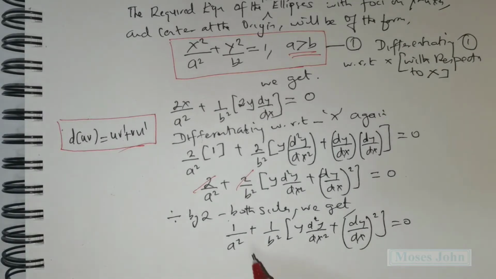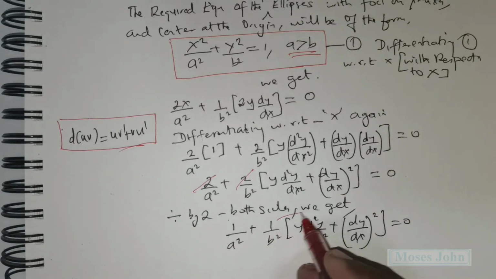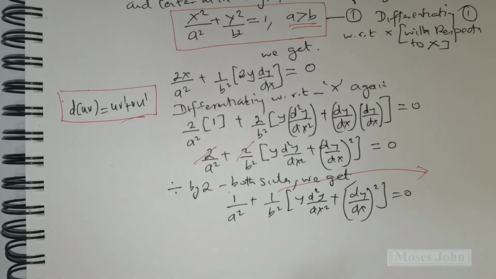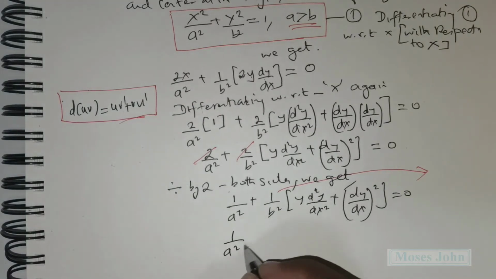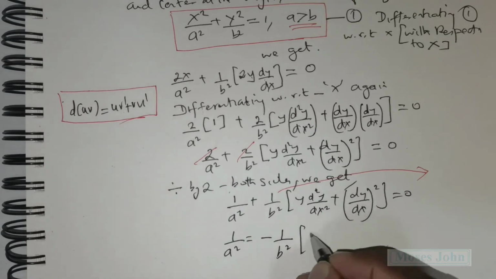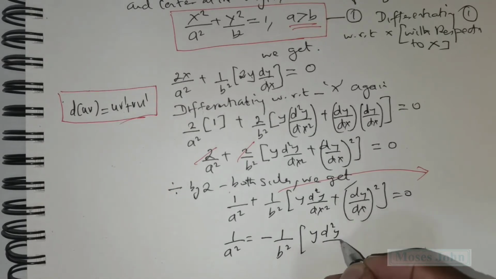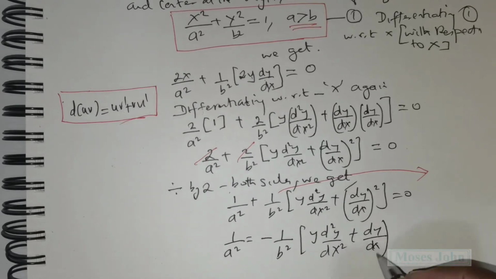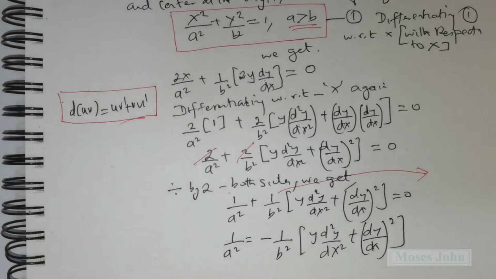Now I'm going to move this entire quantity onto the right side. Now when I do that, I would get 1 over a squared is equal to negative 1 over b squared times y times d squared y over dx squared plus dy over dx raised to the power 2. This is what I get.